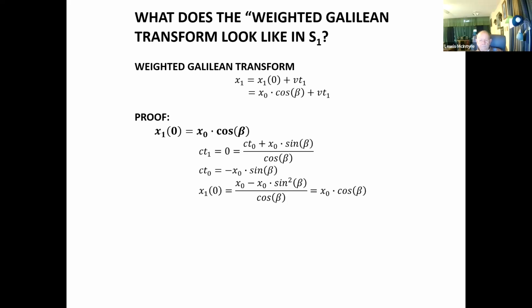Let's prove it. x1 at time equals 0 is calculated by setting ct1 equal to 0 to determine ct0 in terms of x0, and then using that value to determine x1 when ct1 equals 0.